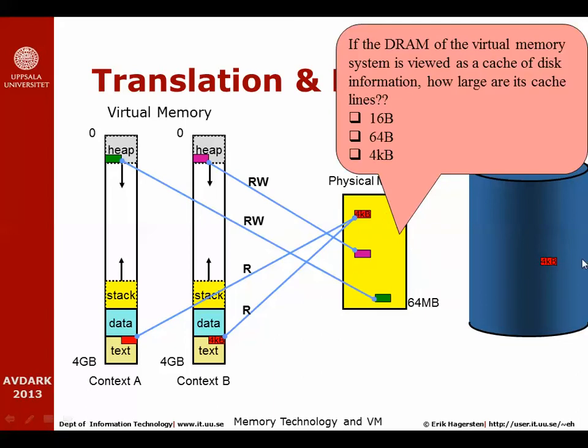Since data is moved in 4 kilobyte chunks from the disk, and the allocation of space is done in 4 kilobyte chunks, the right answer is that 4 kilobytes is what corresponds to a cache line in the cache implementation.